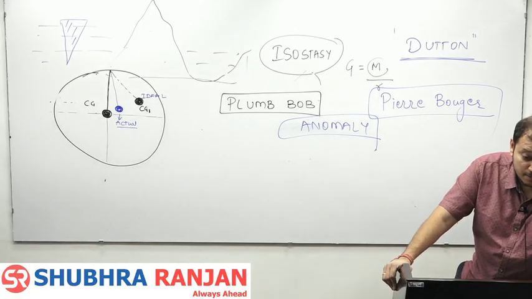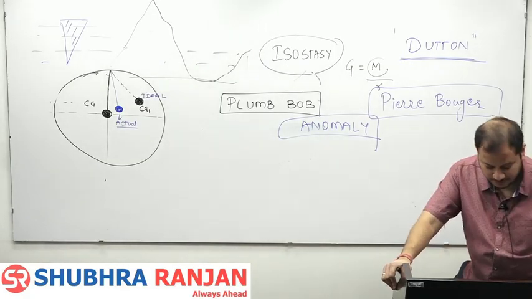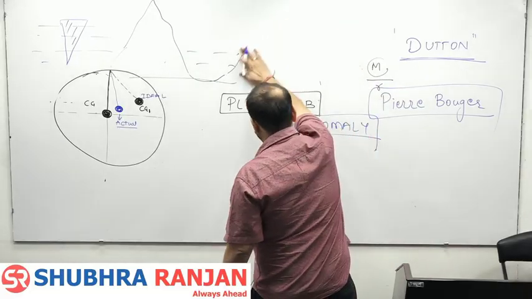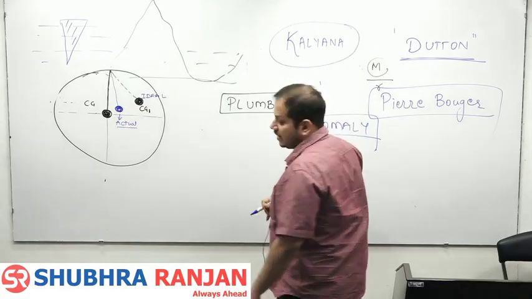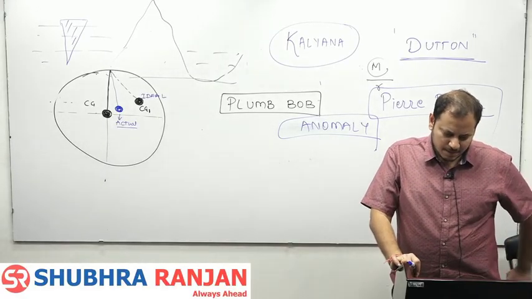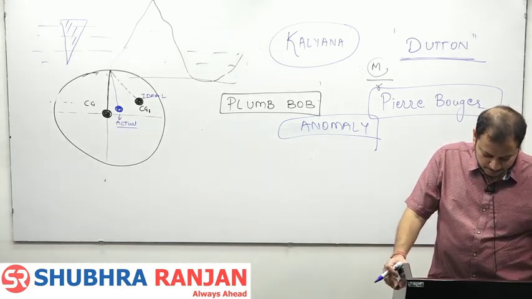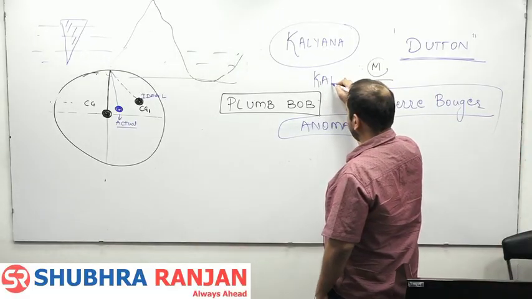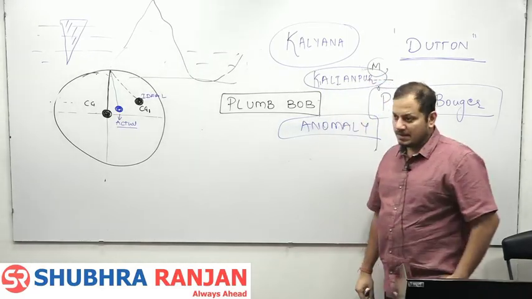George का survey was done by George Everest between the gravitational pull of the Himalayas, between Kalyana, a place between Kalyana, it is nothing but a place in MP, in Himachal, Kalyana, and Kalyanpur.